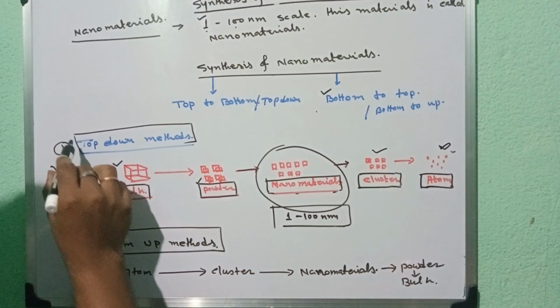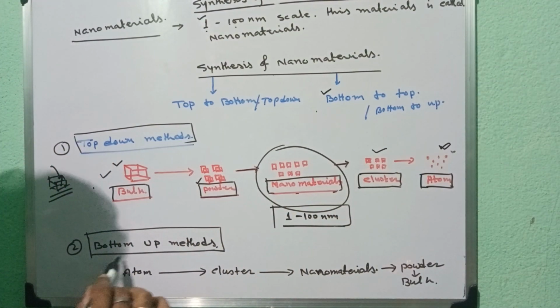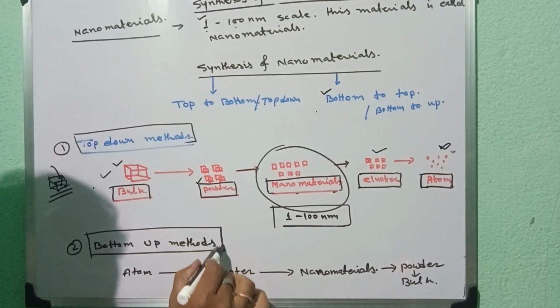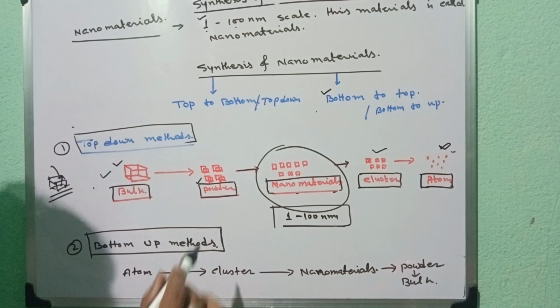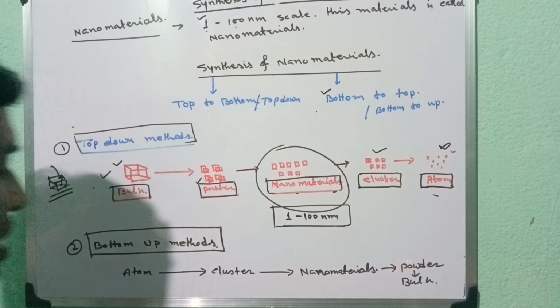This is the top down method, and the other is the bottom up method, the reverse of the top down method. The starting point is the atom.